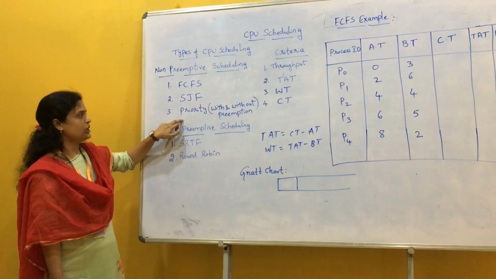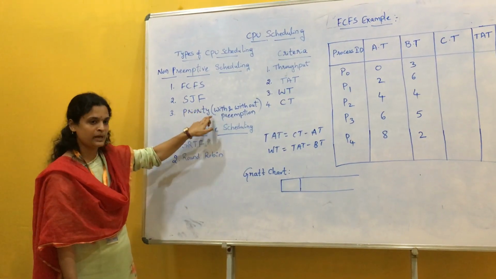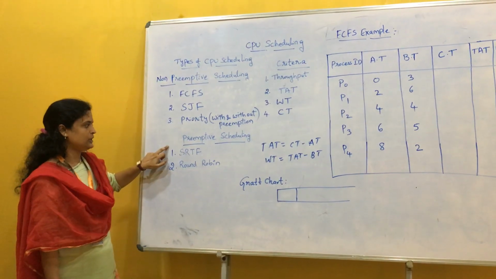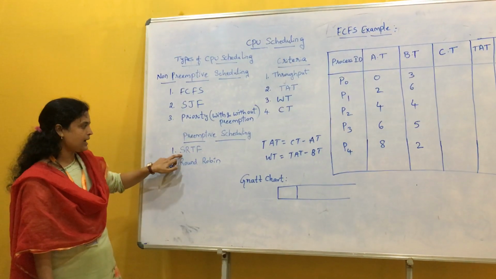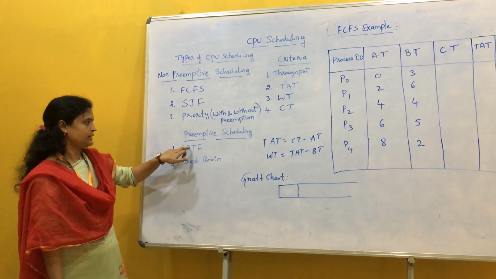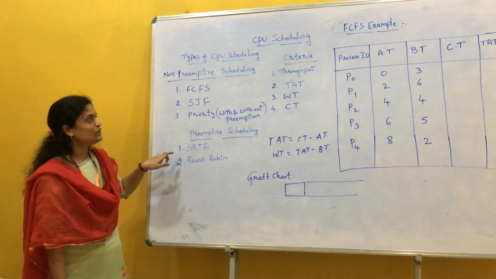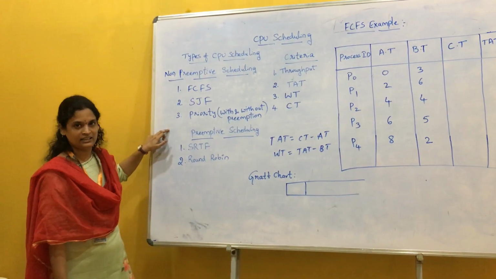Again, in priority scheduling there are two types, with preemption and without preemption. Coming to preemptive scheduling algorithms, the types are SRTF, shortest remaining time first, and round robin.